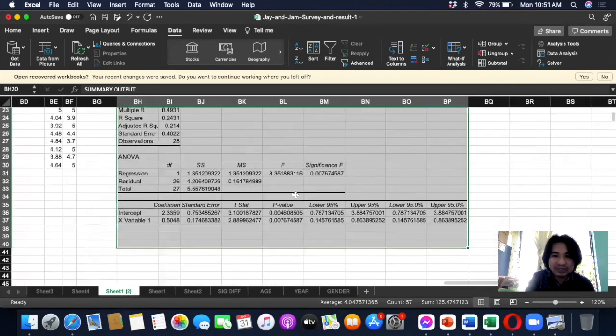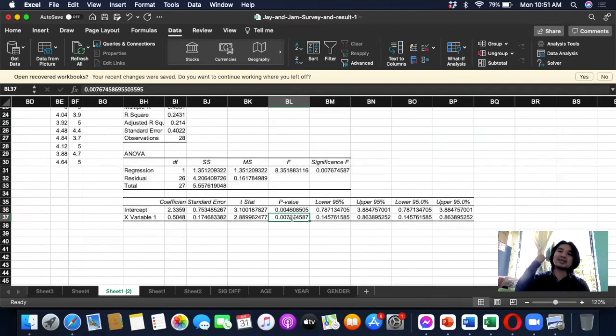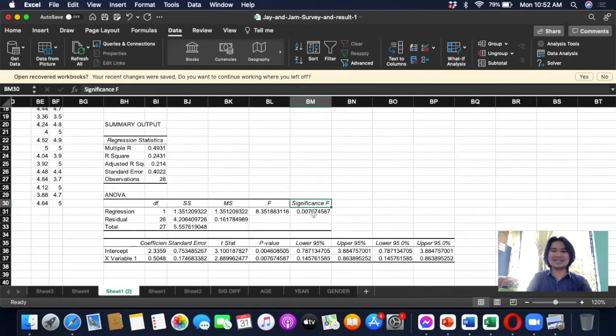So we will be using this one, or this one, or this one. They are all the same, 0.07. The significance F tells about the p-value, and this value right here is the same as this value right here.